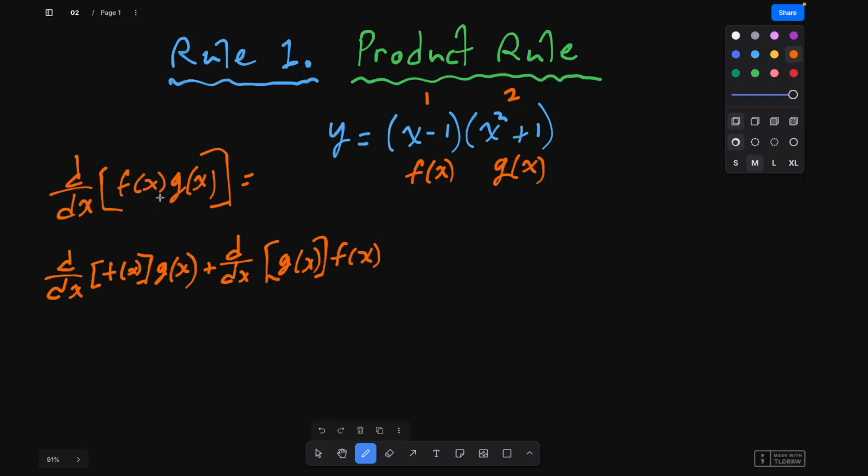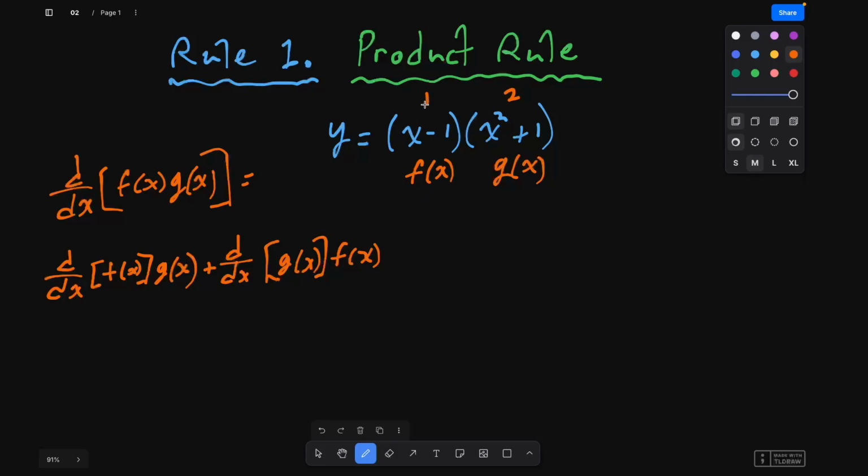The derivative of a product is equal to the derivative of f of x, the first, times g of x, the second term, plus the derivative of g of x, the second term, times f of x. The reason that I call these 1 and 2 is because it's easier to recite the product rule instead of thinking of it as f of x and g of x.